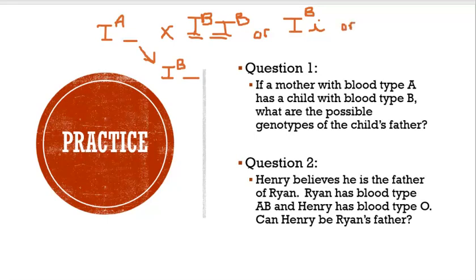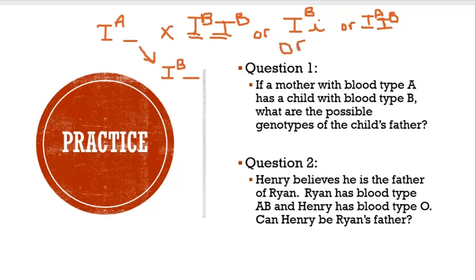Could dad be AB? If dad was AB, he would have an A allele and he would have a B allele. There's the B. So he could still pass on that B allele to the child, so AB would work.